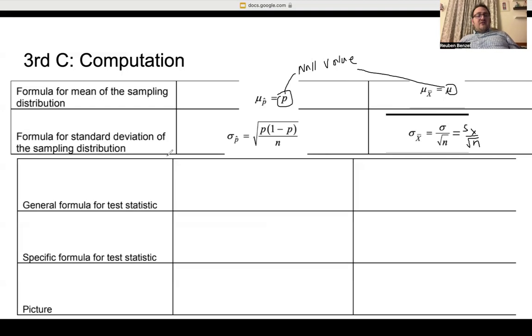The general formula for the test statistic is going to be your statistic, the value that you got when you tested, minus the parameter, over your standard deviation.